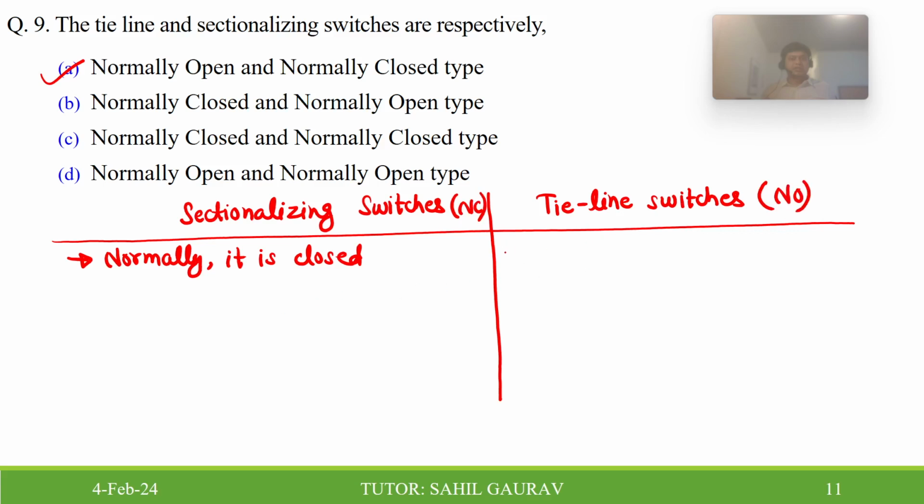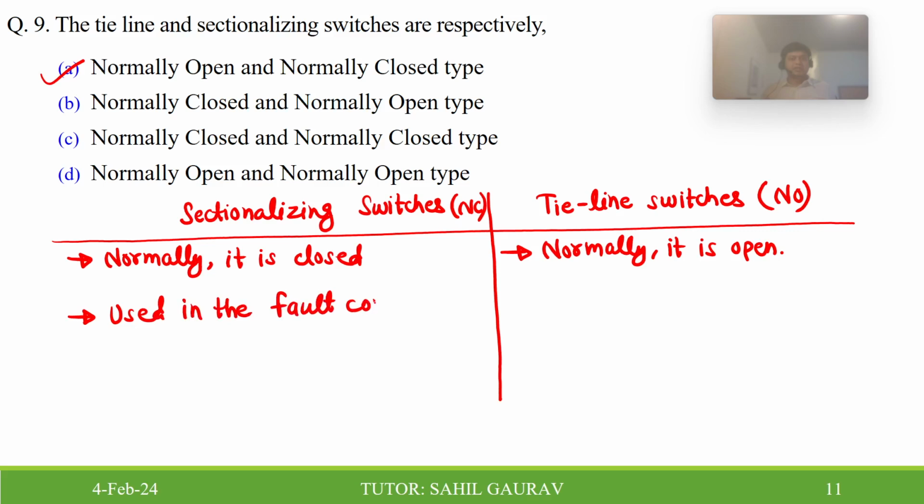Tie line switches are normally open, and this one is used in a fault condition. And this one is used in the emergency condition or maintenance condition.